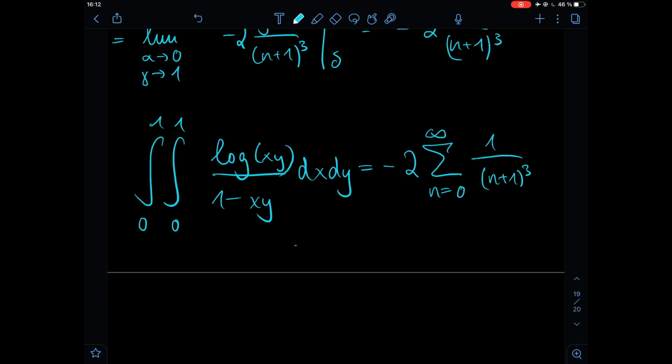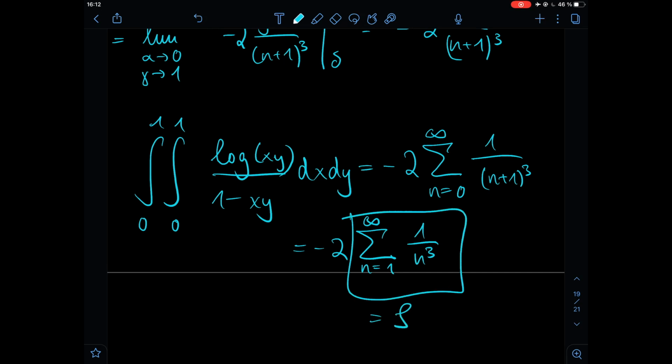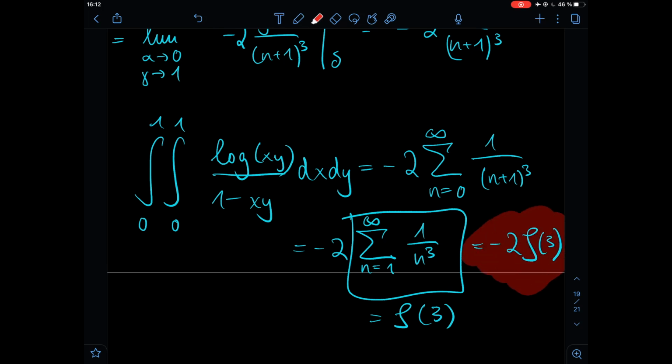So we're almost there. This is minus 2 times the sum. Now we perform an index shift. We start at n equals 1, going up to infinity. Then we have n to the power of 3. And this thing here, this is the zeta function of 3. And this is why this integral is equal to minus 2 times the zeta function of 3. This is the final result.